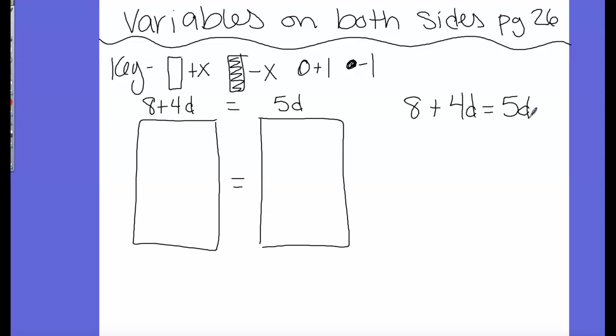And then you can draw it. So I have 8 positives over here, so I'm going to have 8 open circles. And then I'm going to have 4 rectangles. And on the other side, I'll have 5 rectangles.